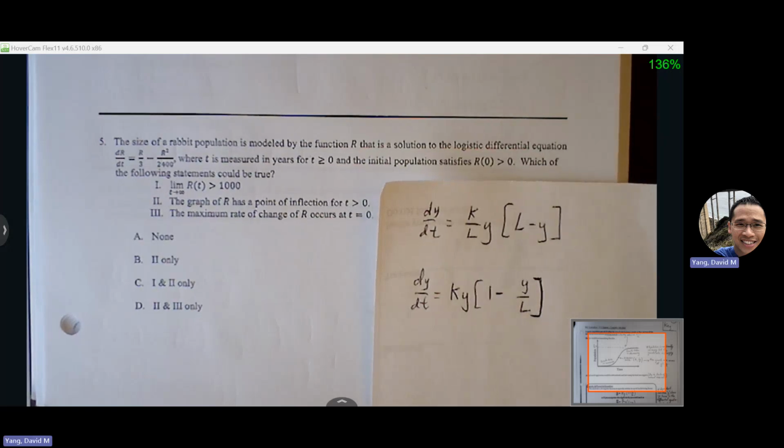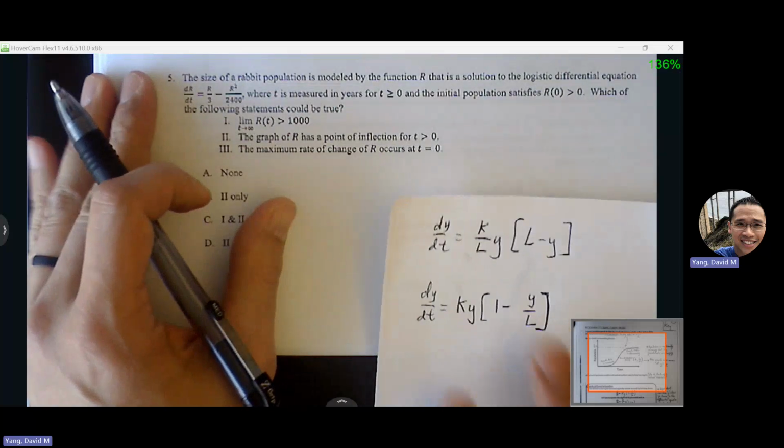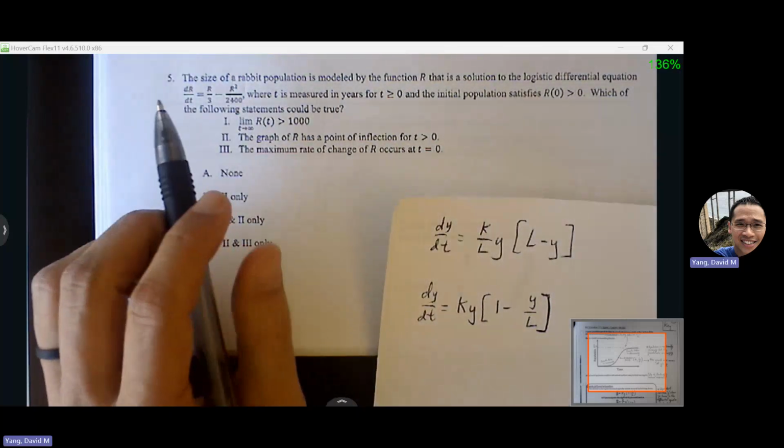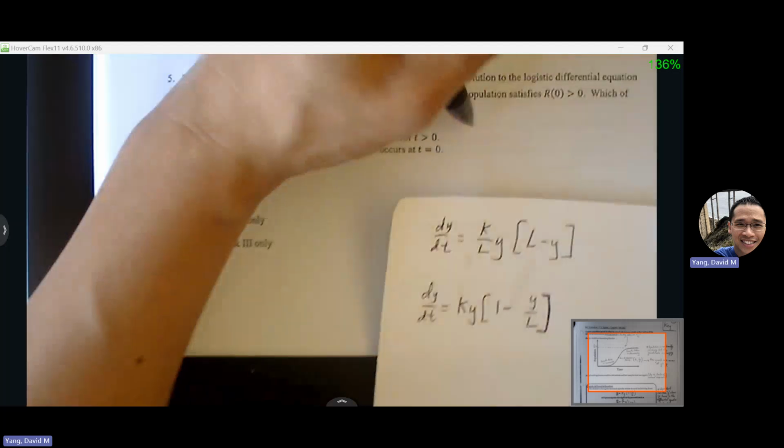So why don't we get our equation into one of the forms where we can more easily identify the parts? I can factor out a 1/3 r from each term.